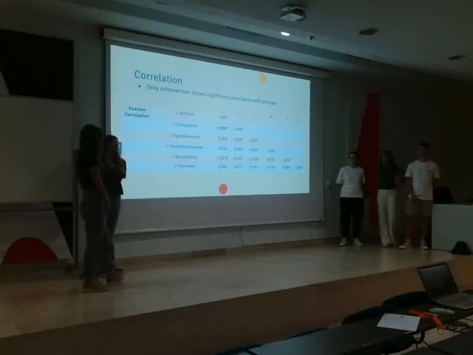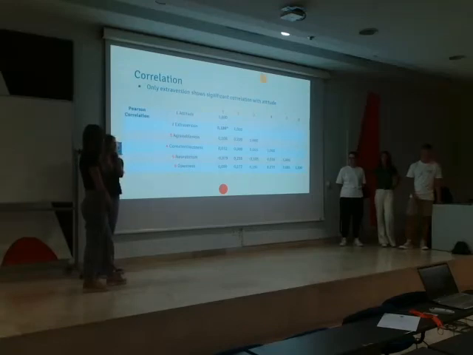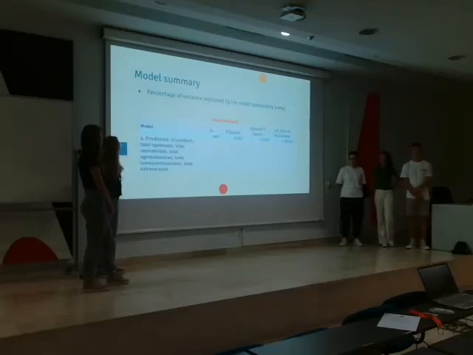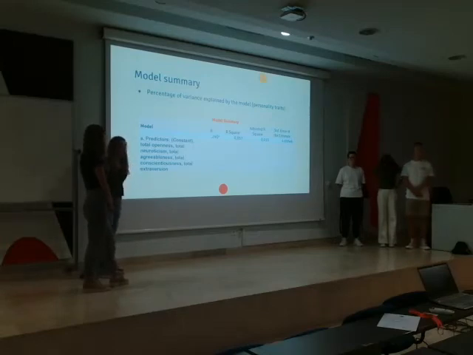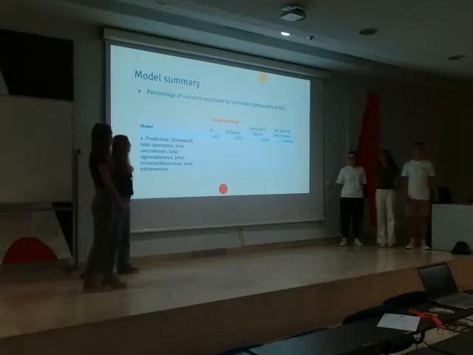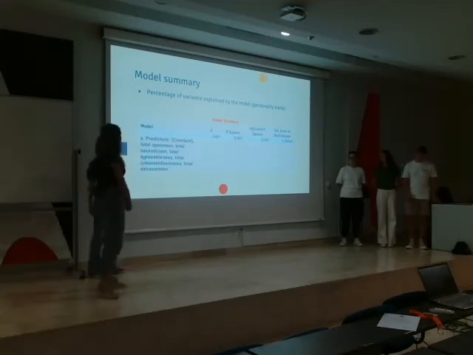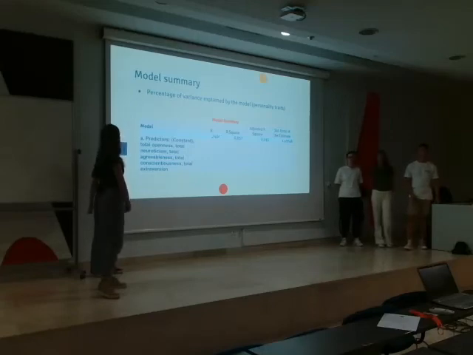Since the scale spans from -1 to 1, you can clearly see it is a really small number, and even though it's significant, it isn't highly significant. Next was the model summary. It showed the percentage of the variance explained by the model. Our model was the personality test, and our percentage was 5.7%, which is also quite low and showed that the variance wasn't well explained.